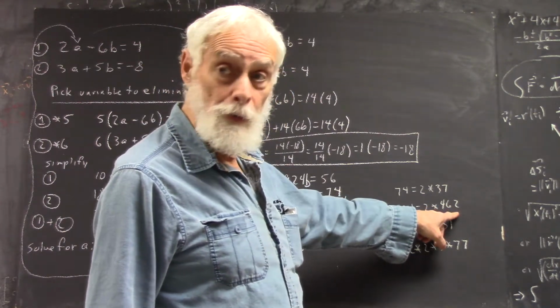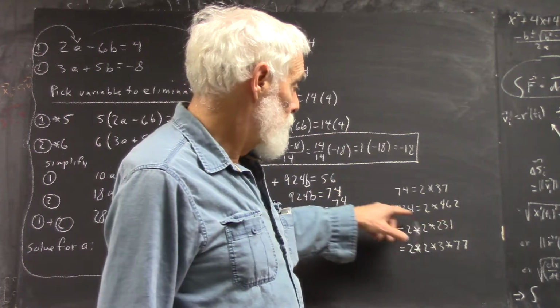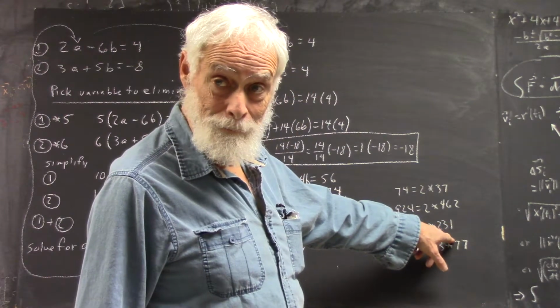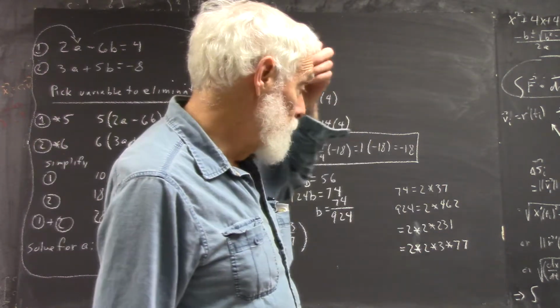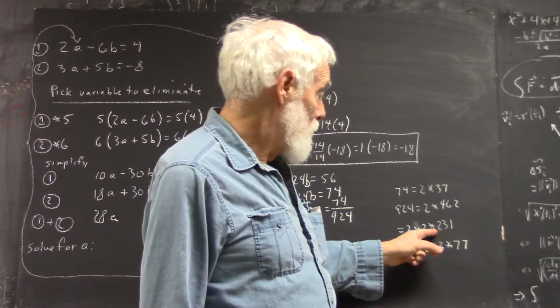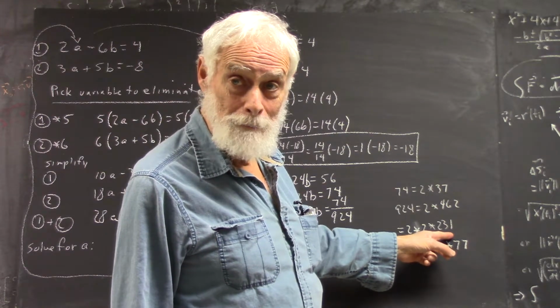924 is 2 times 462. 462 is 2 times 231, so 924 is 2 times 2 times 231, right? And the 3 goes into 231. Not difficult to figure that out. There's a rule for dividing by 3. If the digits add up to something that 3 divides, then the number is divisible by 3.